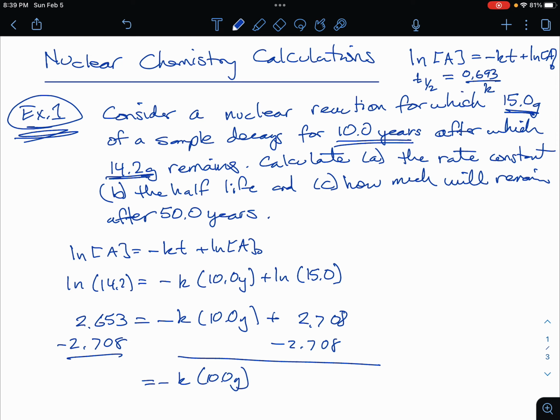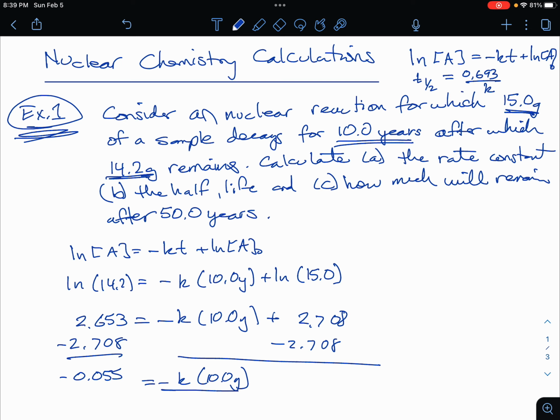Punching this through the calculator, 2.653 minus 2.708 is negative 0.055. Probably could have done that in my head faster.